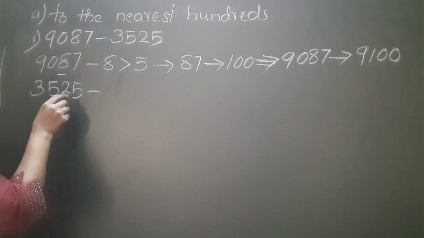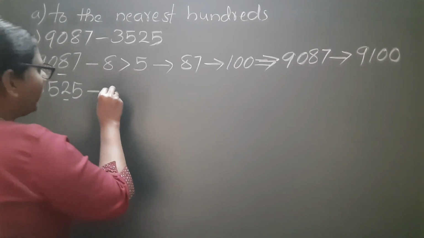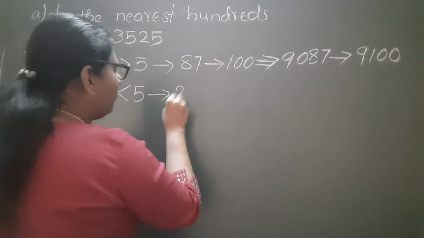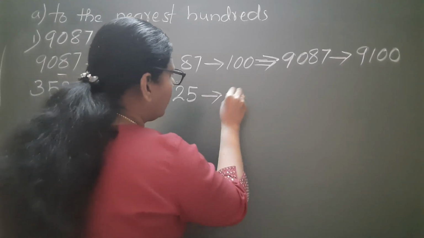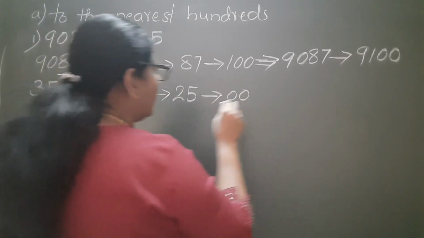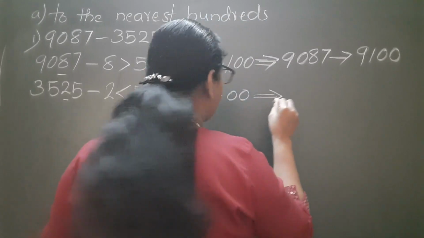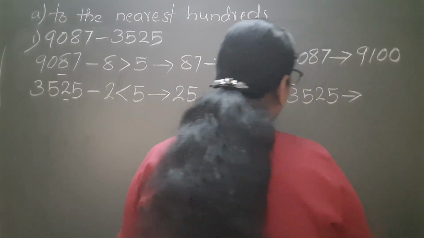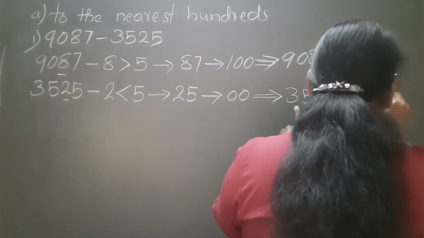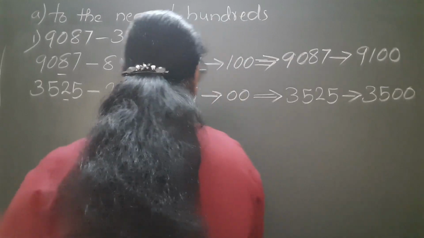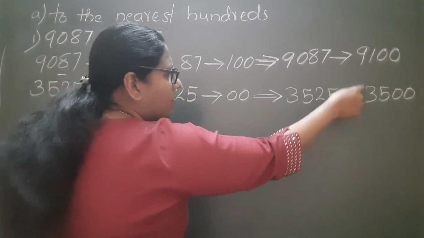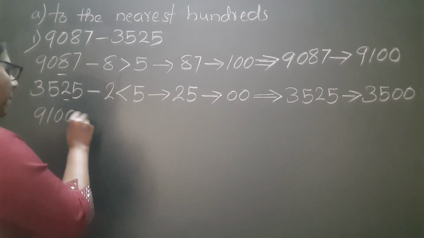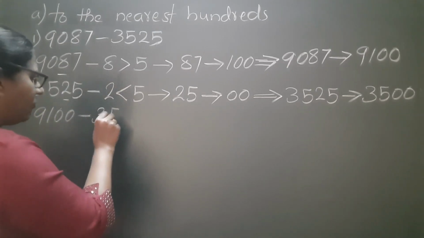Here 2 is in the tens place. 2 is less than 5, so 25 rounds off to 0. So 3525 rounds off to 3500. Now we have to find the difference between these two numbers: 9100 minus 3500.